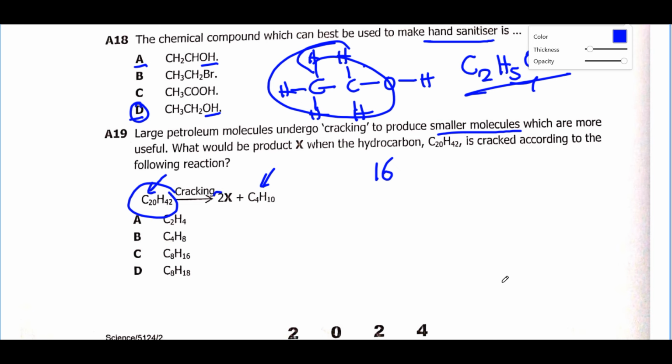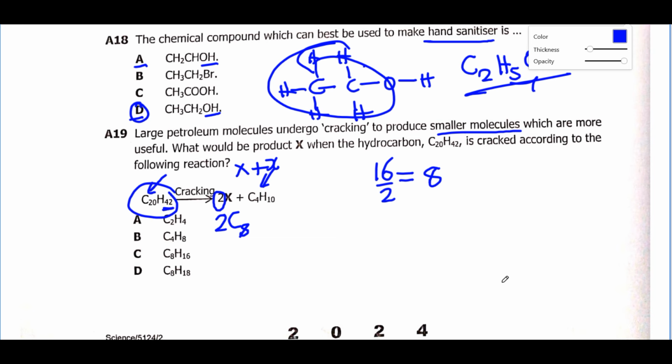Now since there is a 2 here, it means that we have 2x. So 2 is multiplying x. For you to come up with x, you just need to find half. What is half of 16? 8. Which tells us that x is 8. We go to hydrogen.